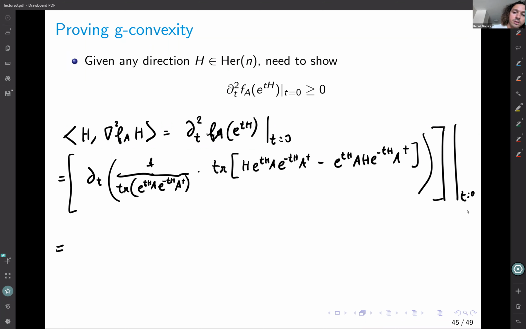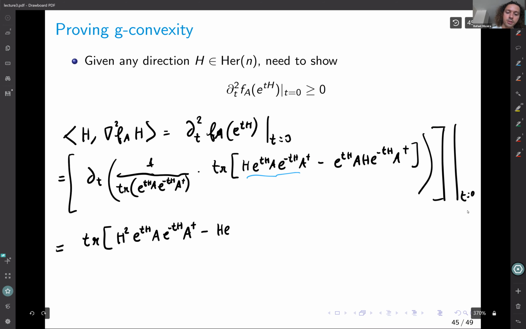Let me put everything in the numerator: the trace of, taking another derivative, H squared e^{tH} a e^{-tH} a dagger, and then the derivative of the second element, minus H e^{tH} a H e^{-tH} a dagger.